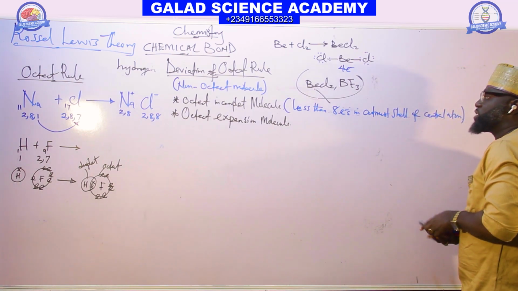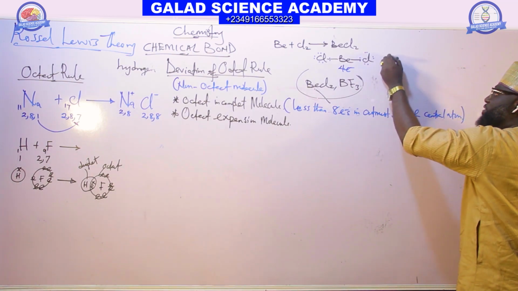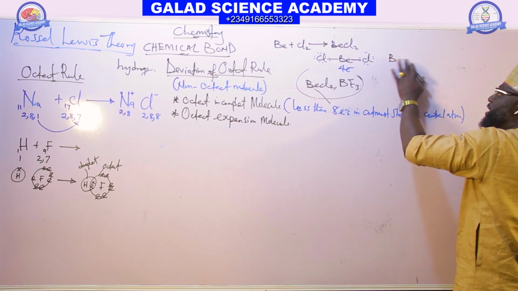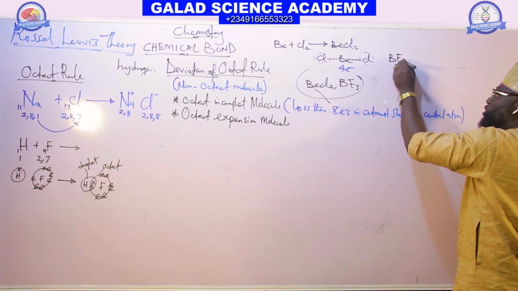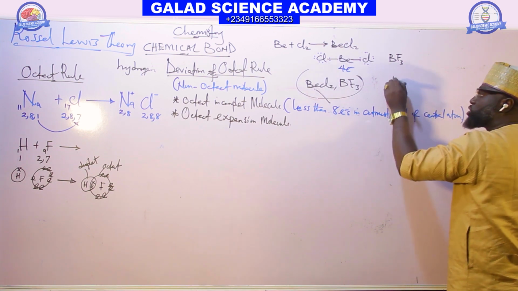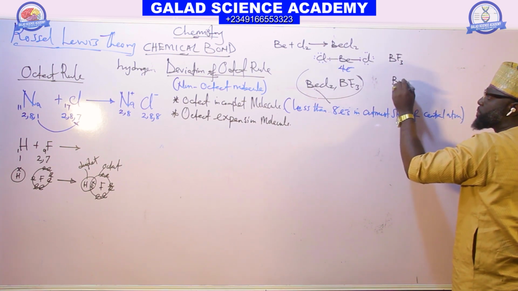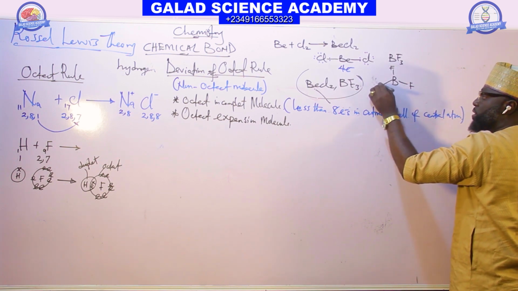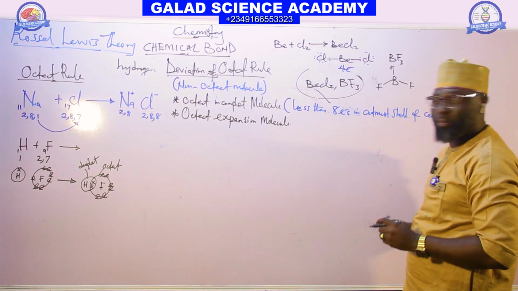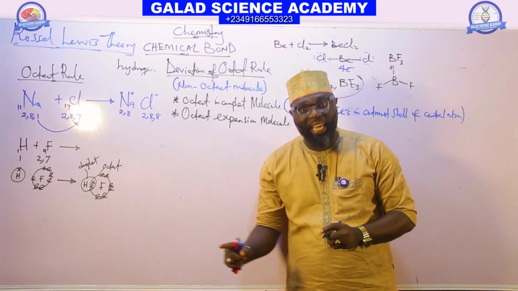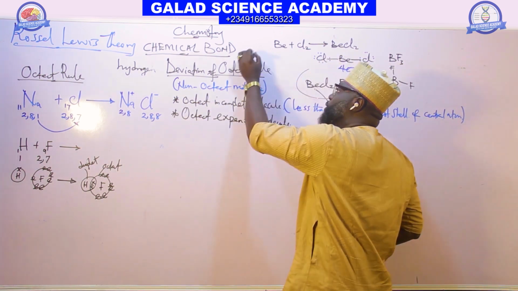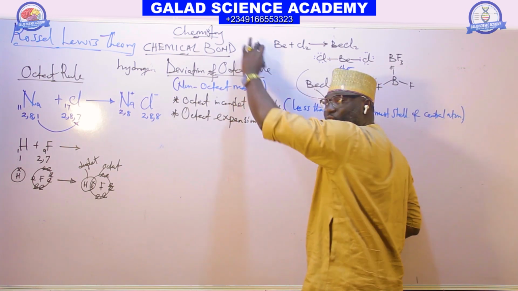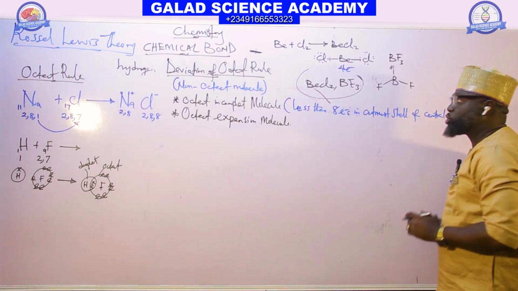Look at BF3. The structure of BF3 is this: F, F, F. And I told you before that you will get there later. In chemical bonding, whenever you see a bond like this, it contains 2 electrons.